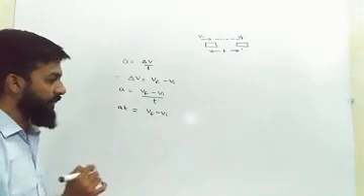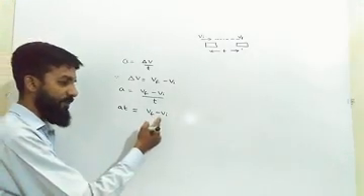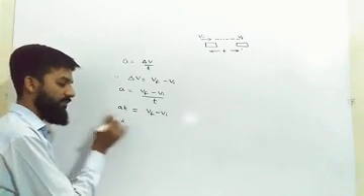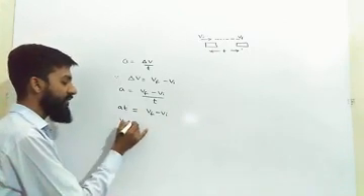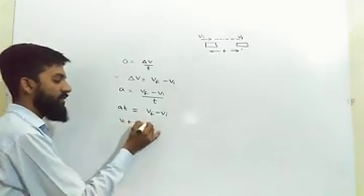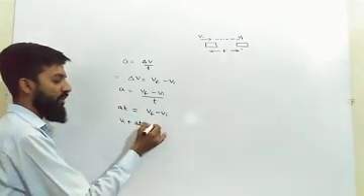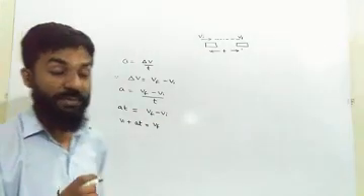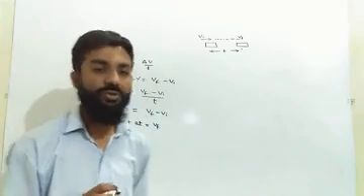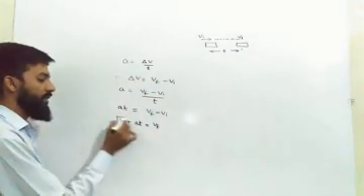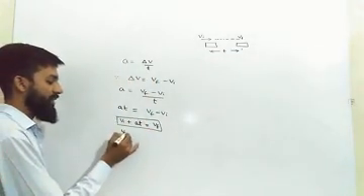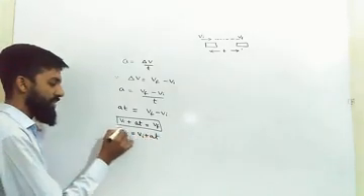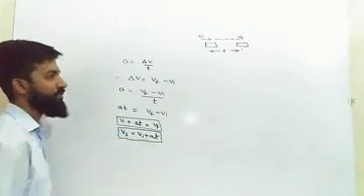In the last step, Vi is subtracted on the right hand side; when shifted to the left hand side, it is added with at. So our equation will be Vf is equal to Vi plus at. This is known as the first equation of motion.